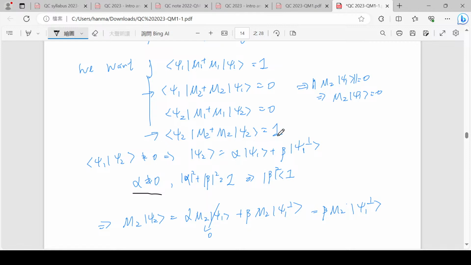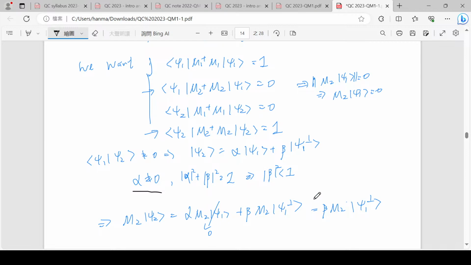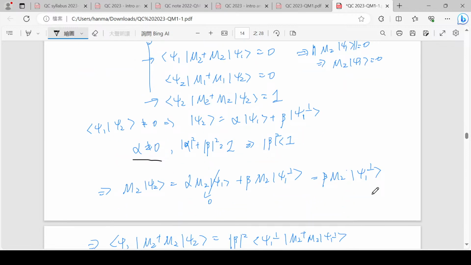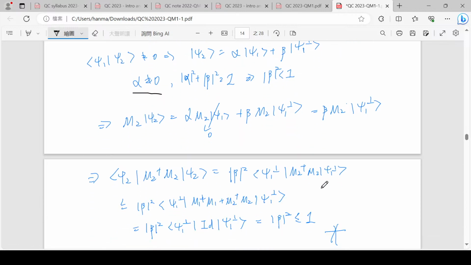We go from this equation, and we say M2 applied to psi 2, and we expand psi 2 in this basis: alpha M2 psi 1 plus beta M2 psi 1 perp. But from this equation, we see that M2 psi 1 is 0, so this is 0. So this thing is just beta M2 psi 1 perp.